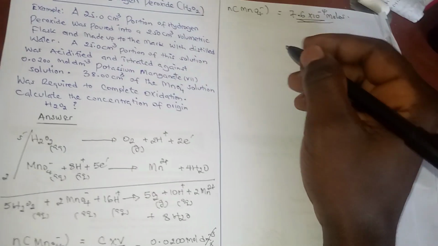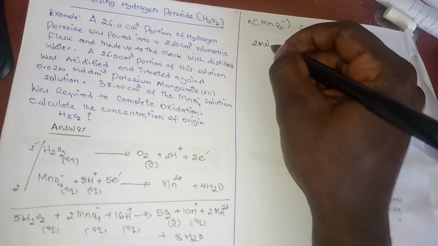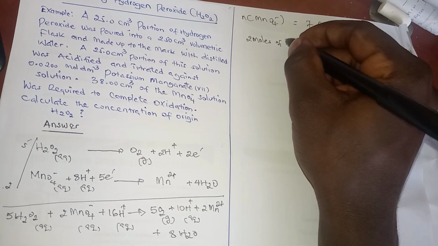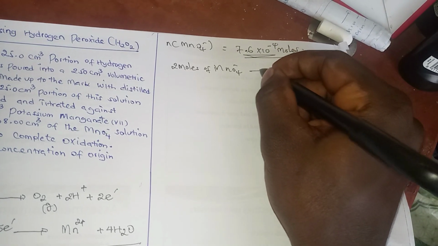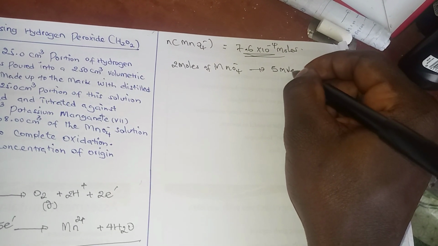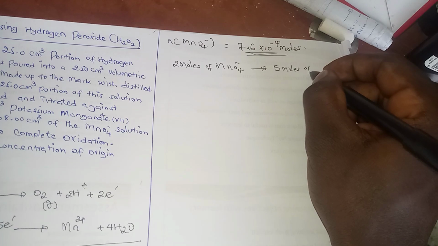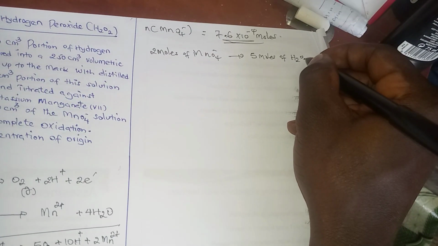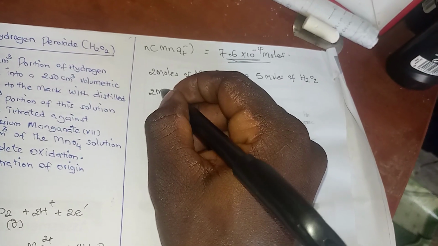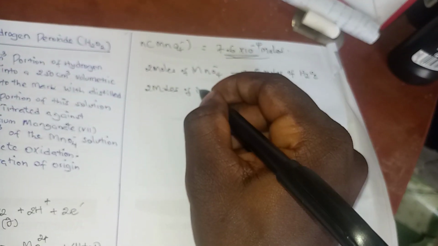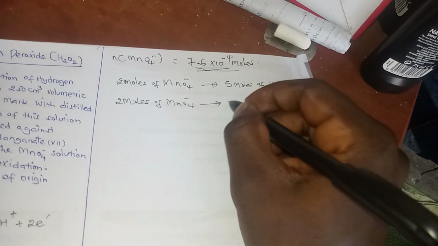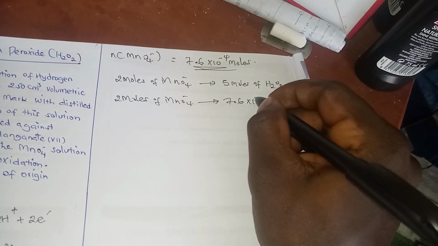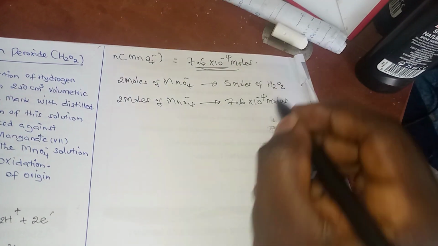So 2 moles of manganate corresponds to 5 moles of hydrogen peroxide. As you can see, 2 moles of manganate corresponds to this number, 7.6 times 10 power negative 4 moles.